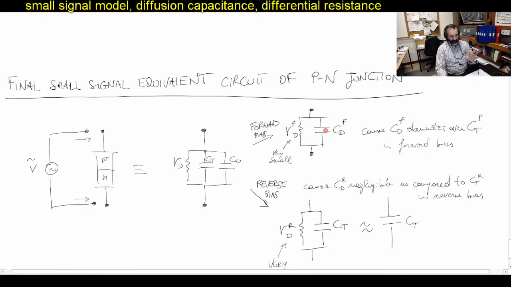That's why they both play an important role. This is small, the impedance of this is also small, because in general, this is big. Obviously, whether it is in the end big or small, it will depend on the frequency, because remember the impedance of the capacitor is 1 over j omega C. But in principle, this also could be small, because the diffusion capacitance is generally extremely big.